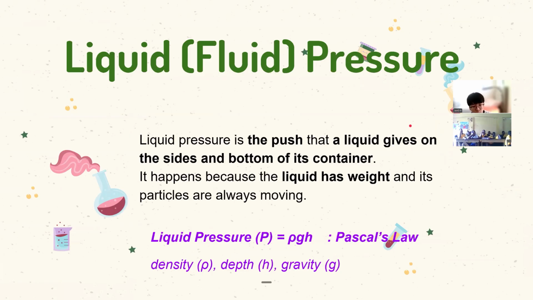So, liquid pressure is the push that a liquid gives on the sides and bottom of its container. And this happens because liquid has weight and its particles are always moving. So we have this Pascal's law, which we'll get to in a bit. But this just tells you how much liquid pressure that you have.